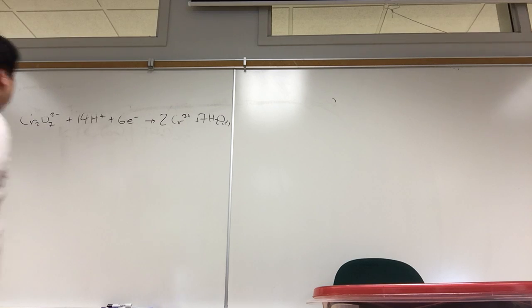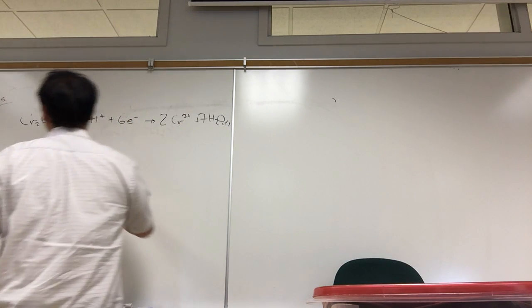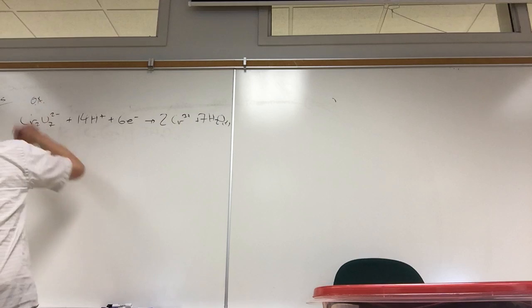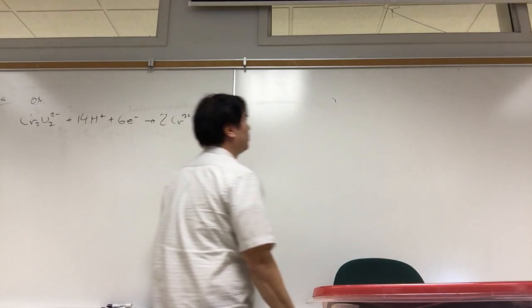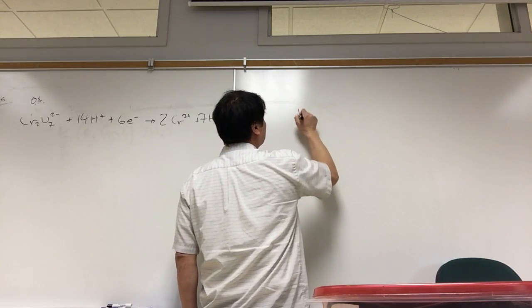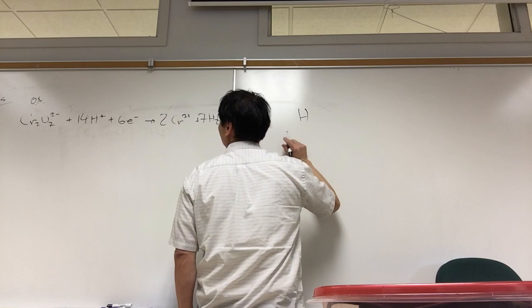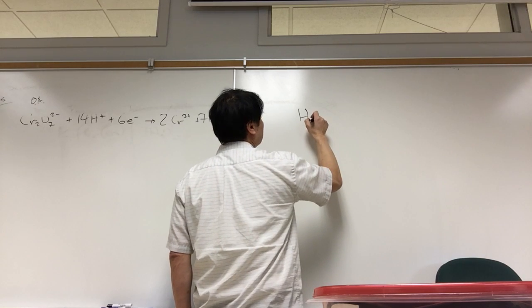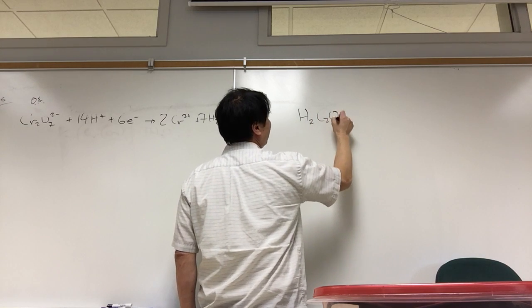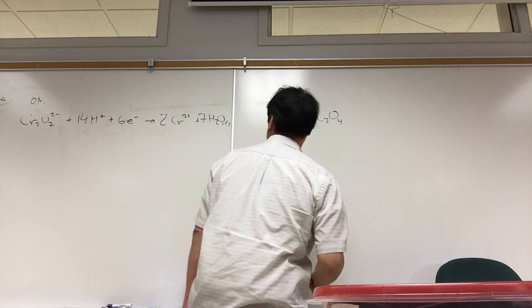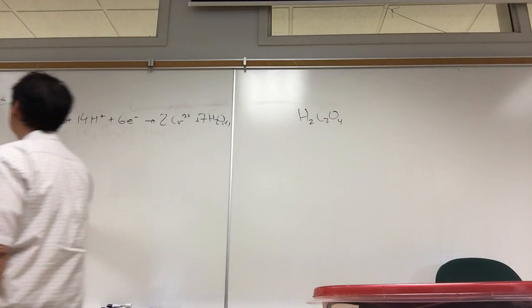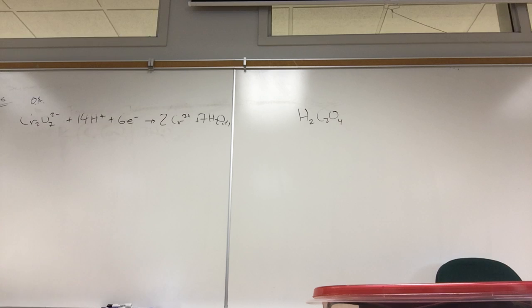All right, well, dichromate is our oxidizer, right? It's a powerful oxidizer. And so what's going to be our reducer? Our reducer is oxalic acid. Oxalic acid is an example of a, what do they call them in organic chemistry? Oxalic acid belongs to the functional group. You remember functional groups?